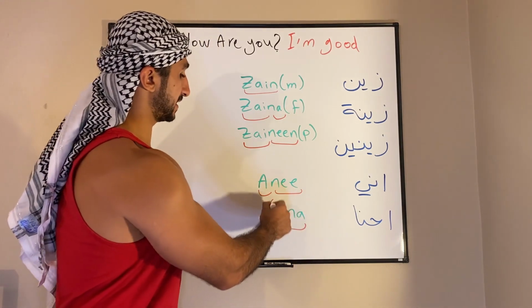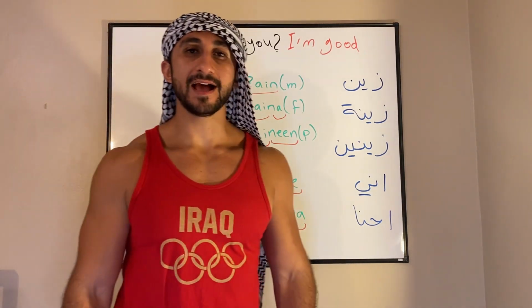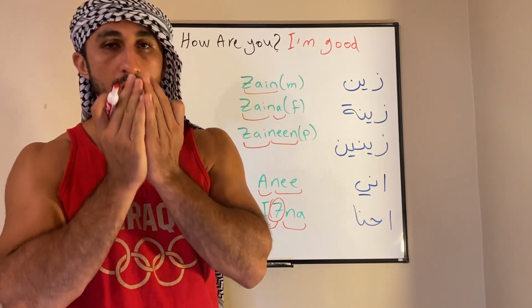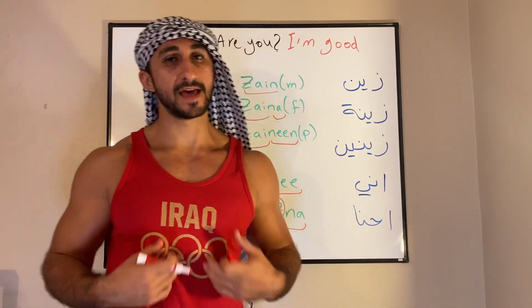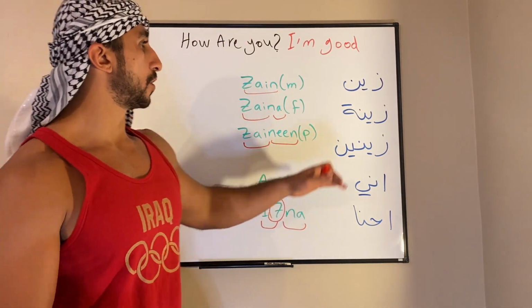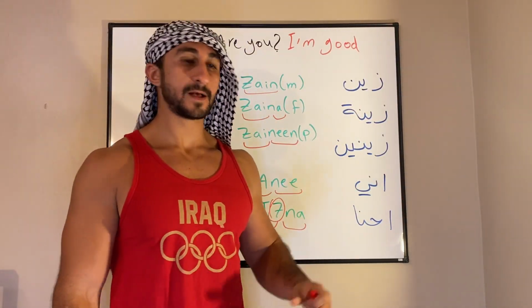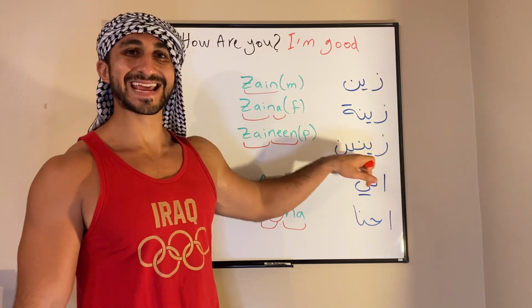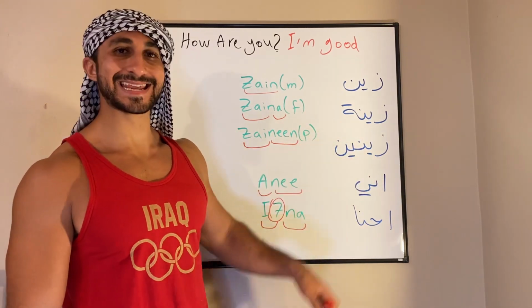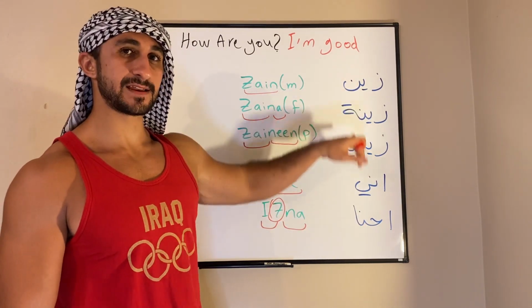So again, this is the letter ha. Imagine it's cold and you're trying to warm your hands. That's how I make this sound. So ishlonkum that we just learned earlier. Ehna zanin. Ani zan.